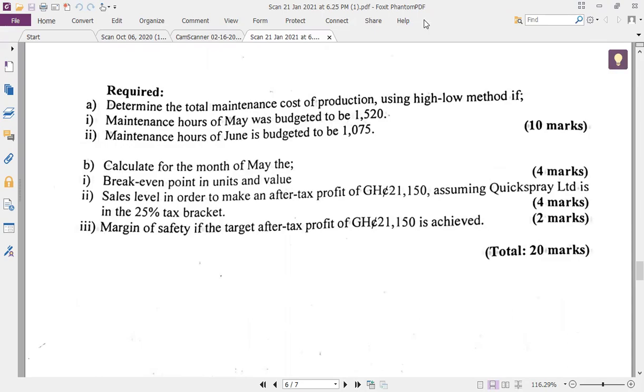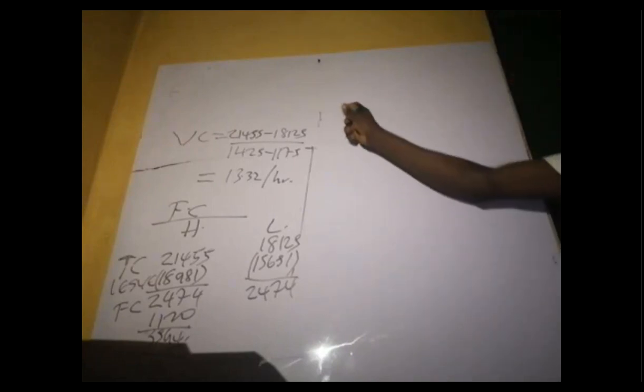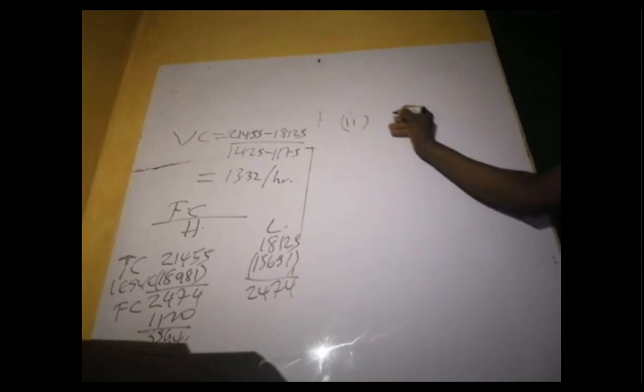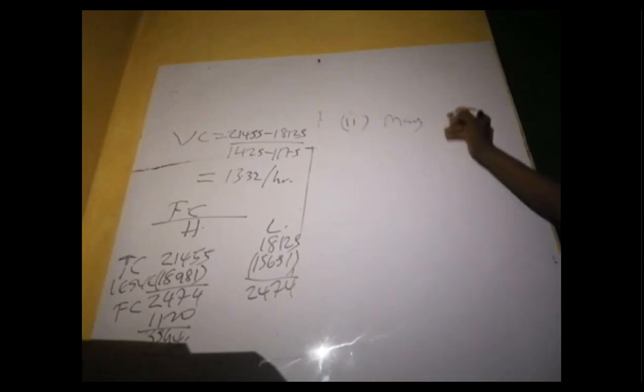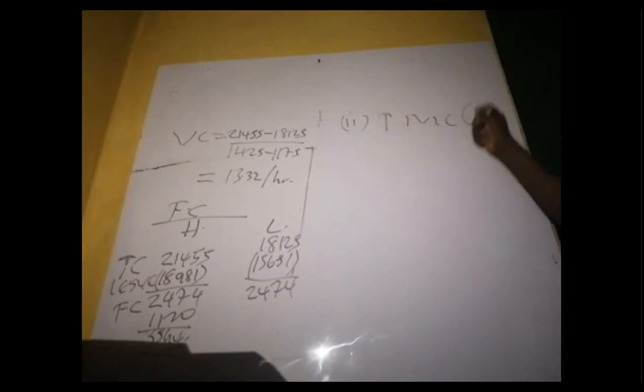Yeah. And that's so interesting. So I'll clean this side. Now, if we are finding total cost, we have to add variable cost plus the fixed cost. So, right on top, total maintenance cost for May, when they work for 1,520 hours.